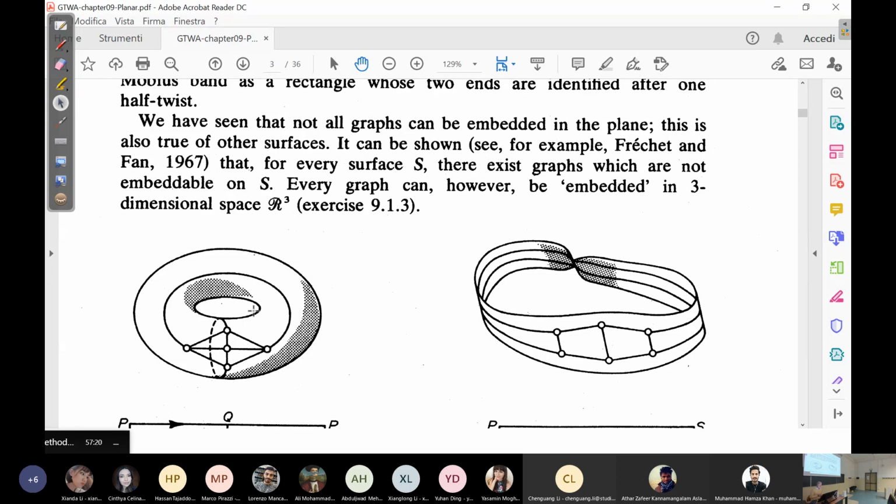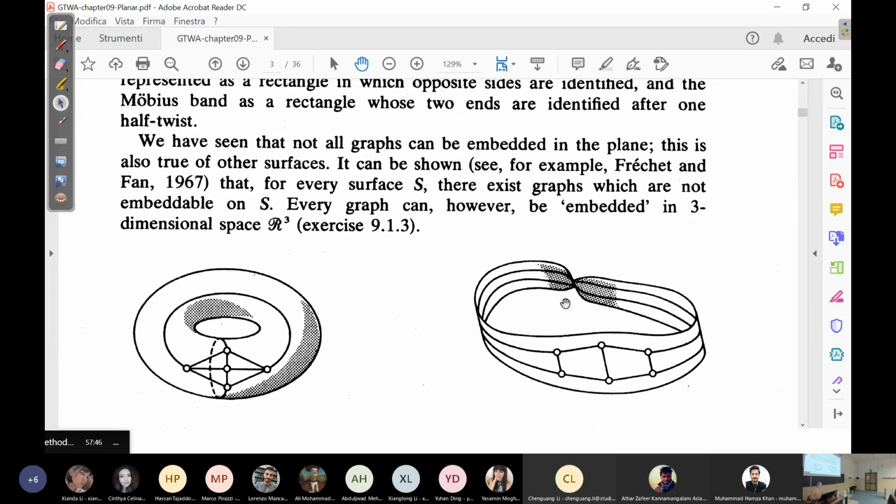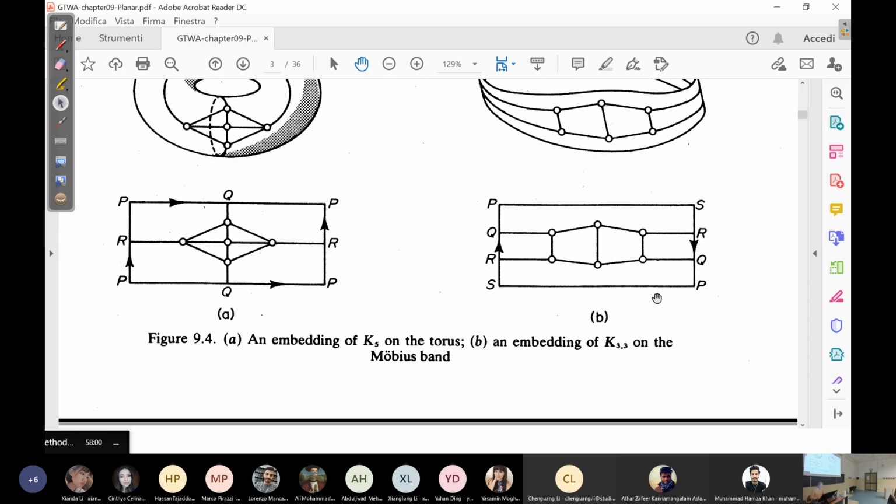K33, the complete bipartite graph with 3 and 3 vertices, is not planar, but as you can see here, it is embeddable in what is called a Möbius band or Möbius strip, which is what you can get by yourself by taking a belt, doing half a twist, not an entire twist, but half a twist of the belt, and then closing it, and you get this, which is called a Möbius strip, okay? And this is an embedding of K33 in the Möbius strip, okay?